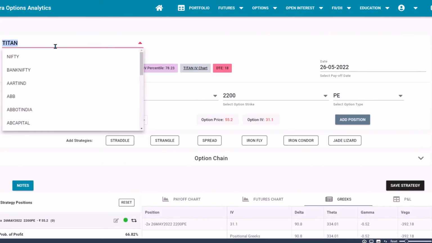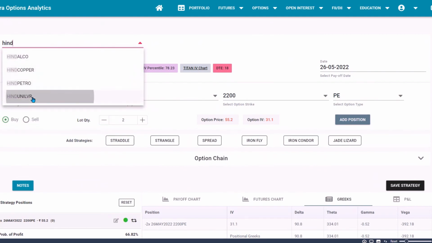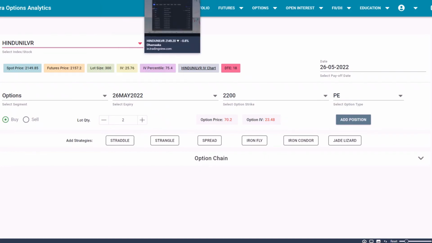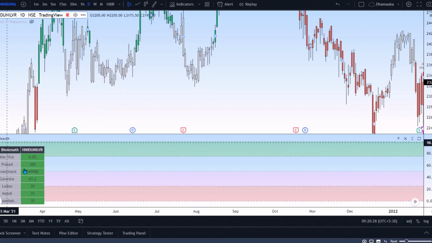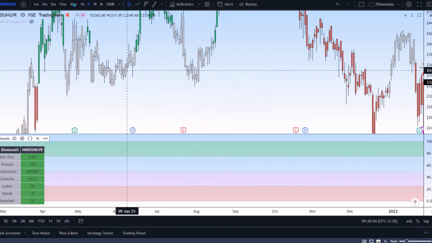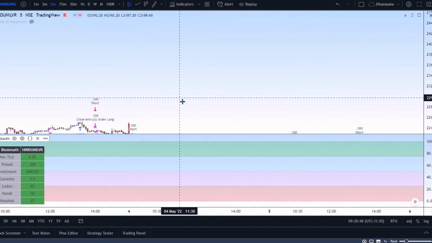It is 300, and Ganesha is 65. Okay, 300 and this is 65. And let's give half of this to here and 25 to Mushak and hit OK, and you go to the 5 minutes time frame where our actual trades will be.